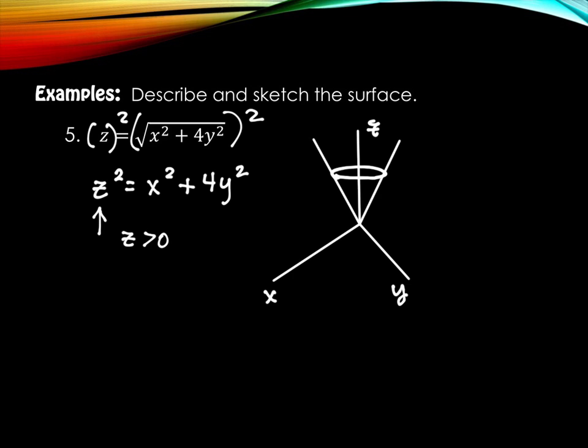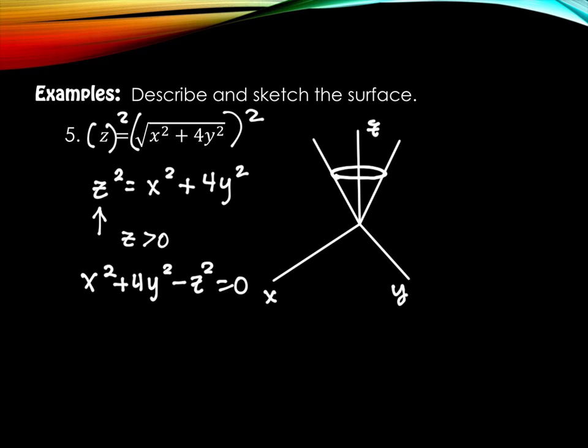Okay. If you wanted to put this in a more standard form, you could certainly do that. I've got that written down, so let me do that real quick. This would be x squared plus 4y squared, not plus, minus z squared, it equals 0.